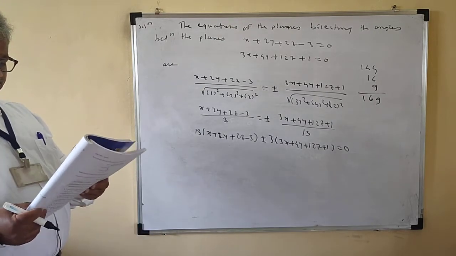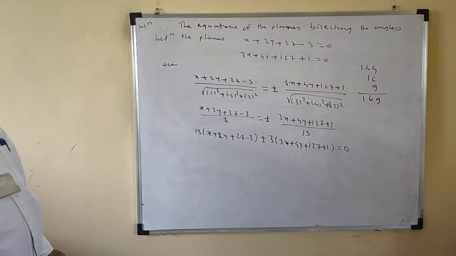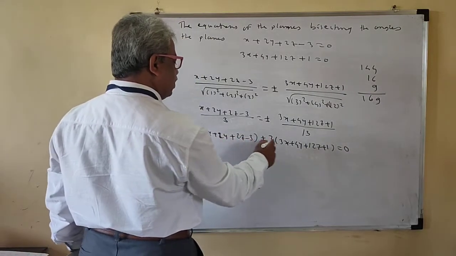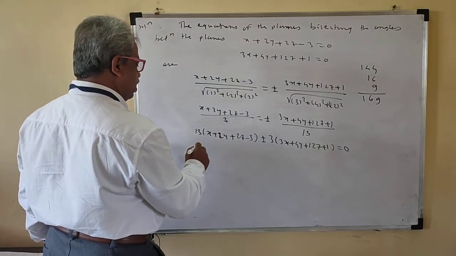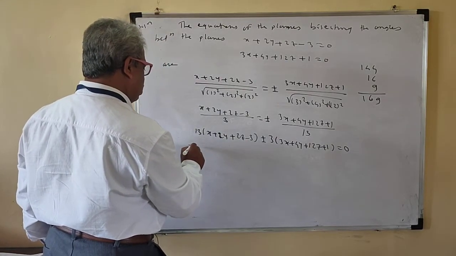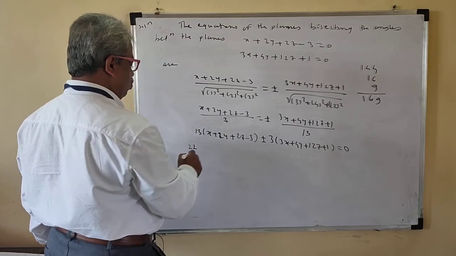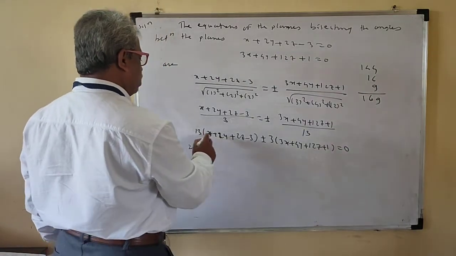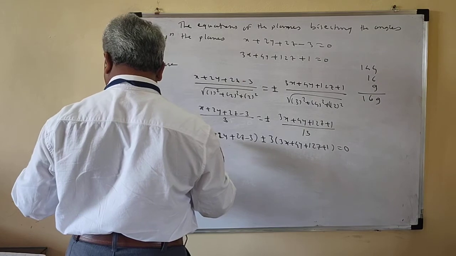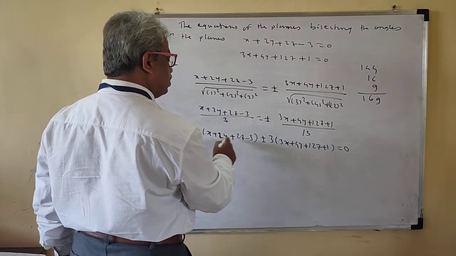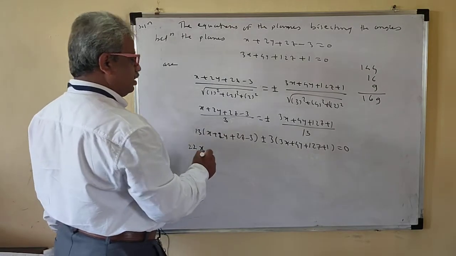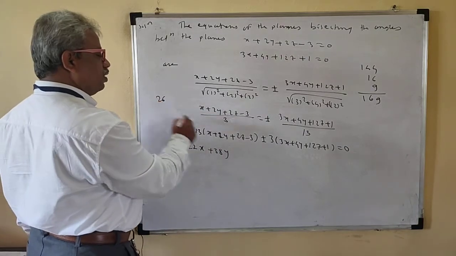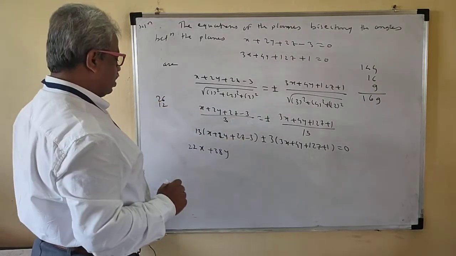Okay. So if you take the plus sign, you get one plane, and if you take the minus sign, you get the other. So we'll take the plus sign now. 13x plus 9x, that is 22x. 13 into 2 is 26, 26 plus 12 is 38y.